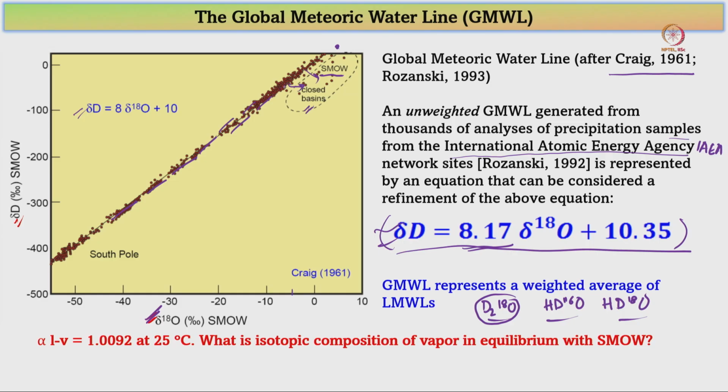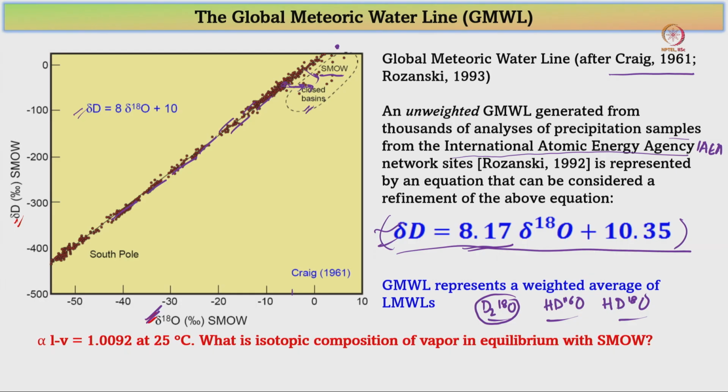So, it will fall on this line, but due to more arid conditions and more temperature, it can so happen that the delta 18O is also getting evaporated, and therefore this meteoric water is getting shifted towards heavier 18 oxygen concentrations.